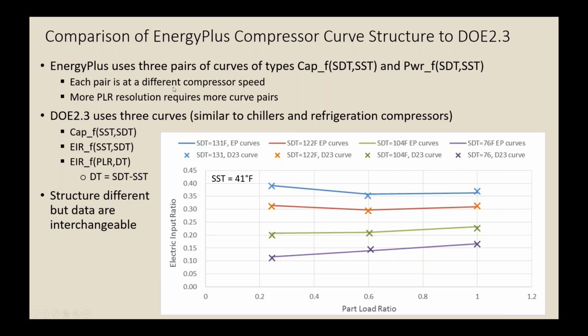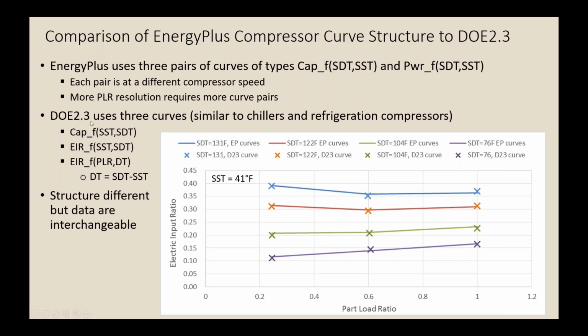So they're able to handle the part load ratio by having multiple pairs of curves. And the curves are capacity as a function of refrigerant temperatures, and power as a function of refrigerant temperatures. I think the X's in the graph down here represent the speeds that they have in their curve set.